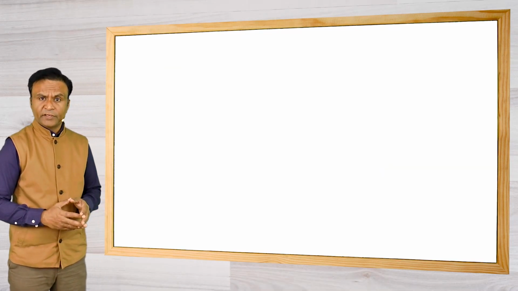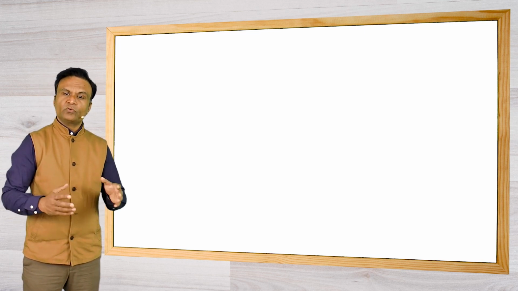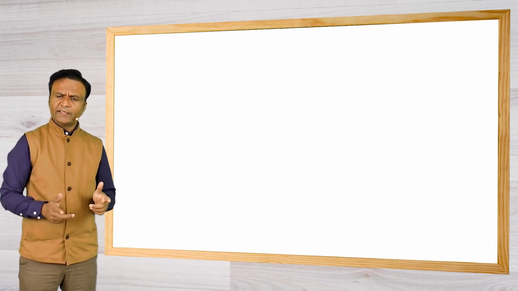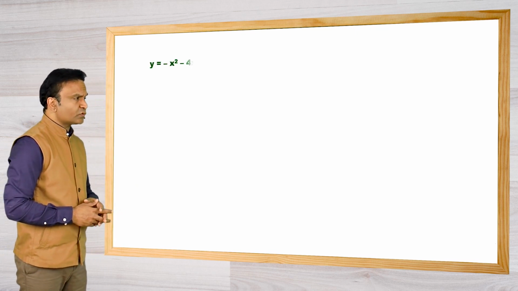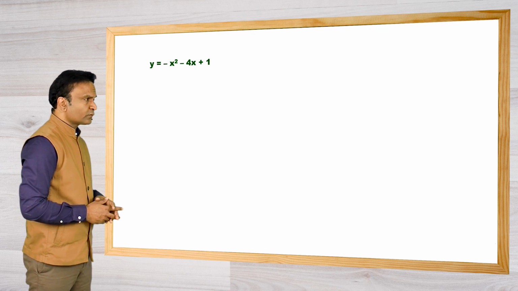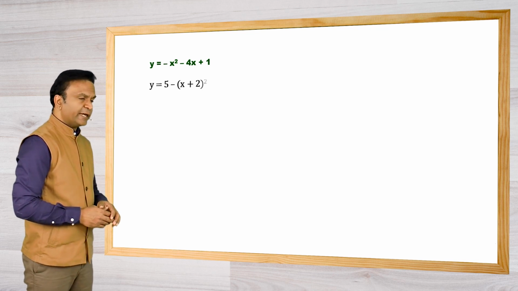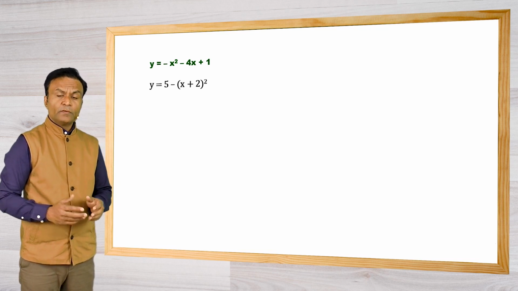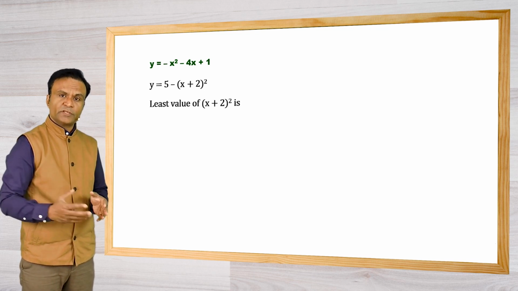Now let's see one quadratic function in which the coefficient of x² is negative, and let's see how to draw the graph of such quadratic functions. In that case, consider the quadratic function y = −x² − 4x + 1. You can put this function as y = 5 − (x + 2)². Now the least value of (x + 2)², which is a perfect square, is 0.